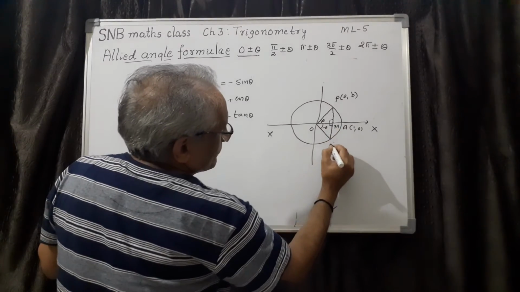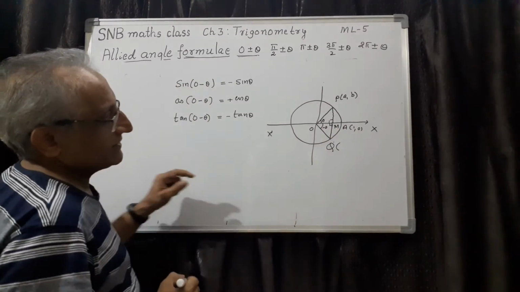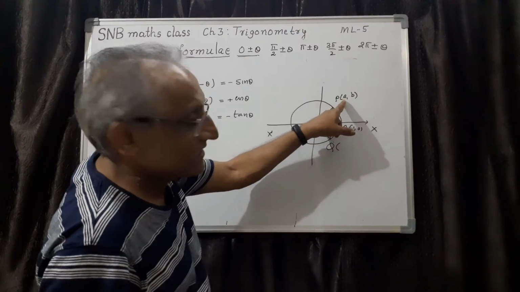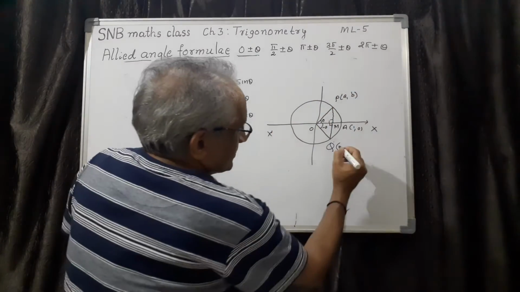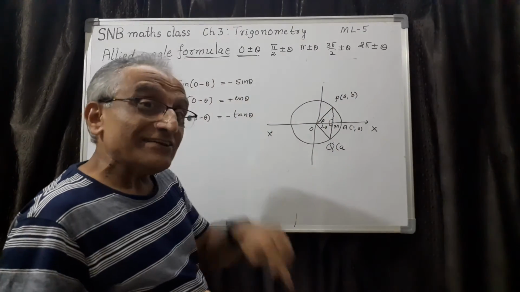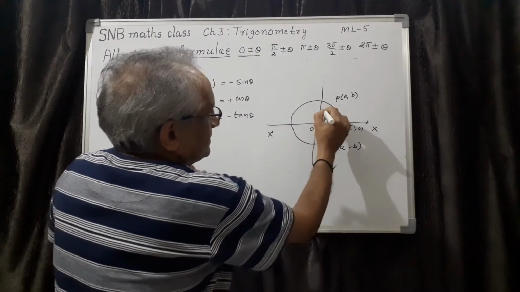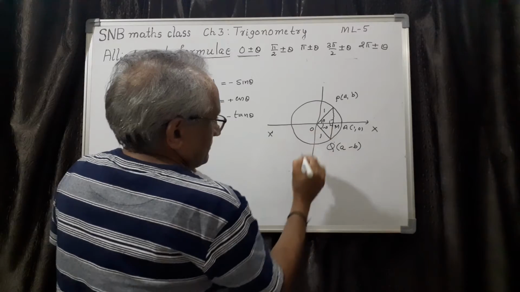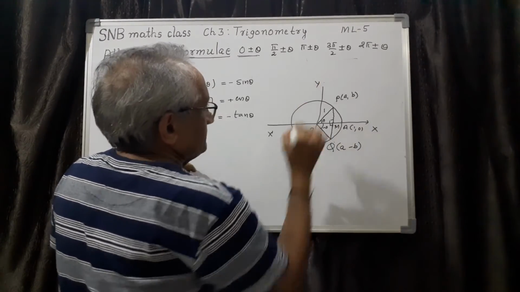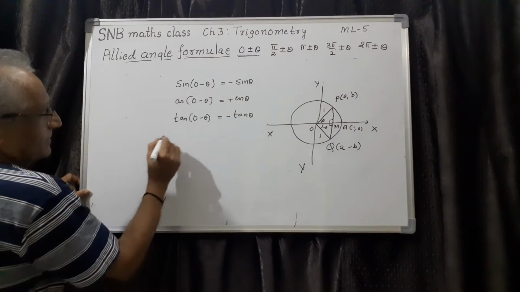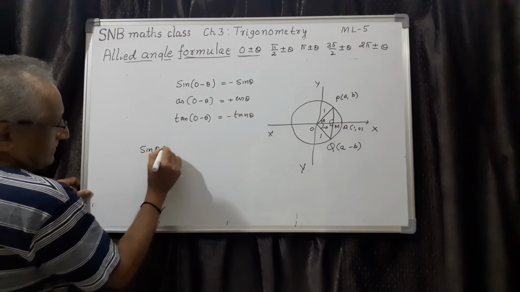So this will be what? Q. Q will be definitely, its x value will be A only because it is on the right side. So it is A. But what about the y value? The y value will be minus B. And this is 1, this is also 1. Now, what is sine theta?